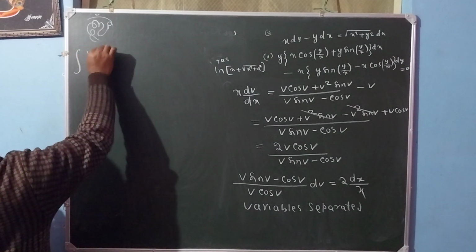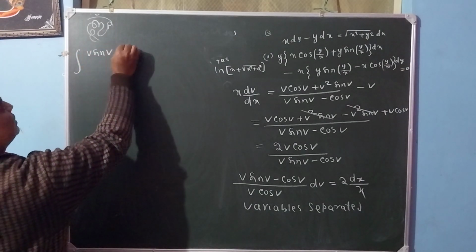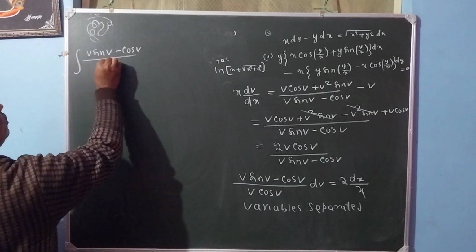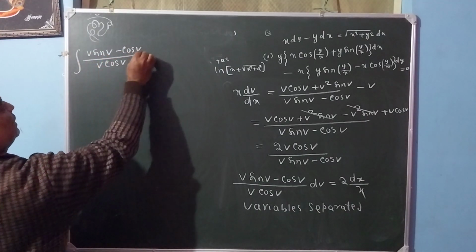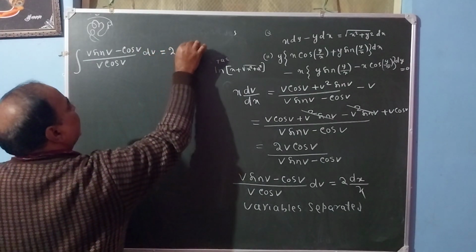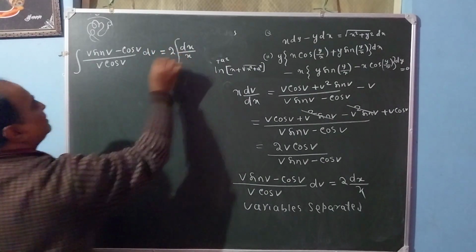Integral of (v sin v minus cos v) divided by (v cos v) dv is equal to integral of 2 dx by x.